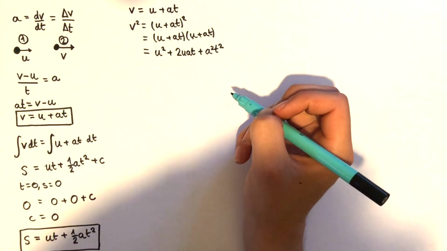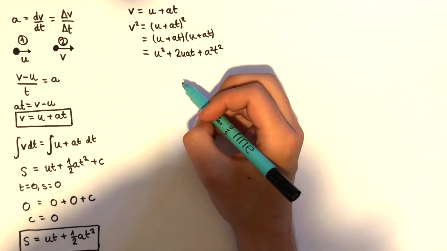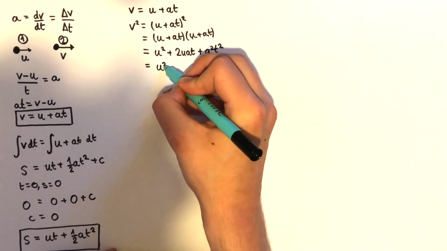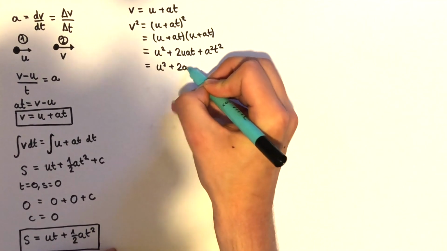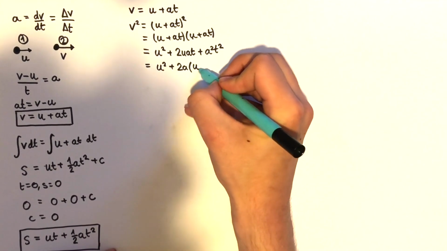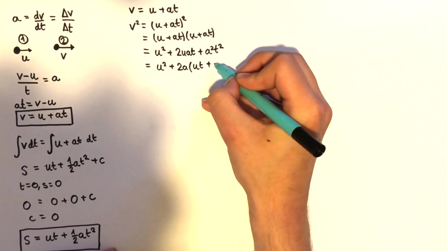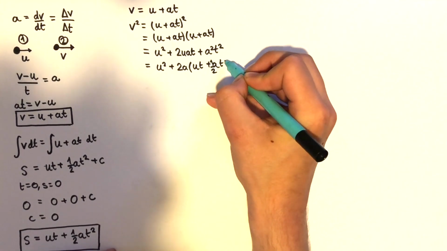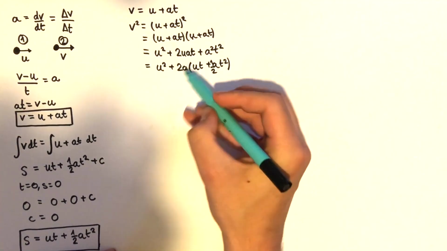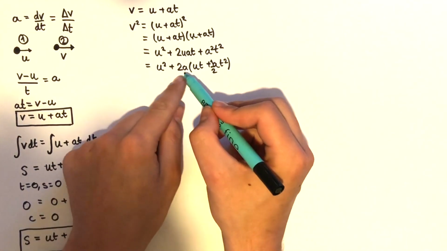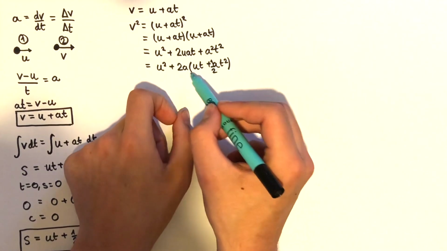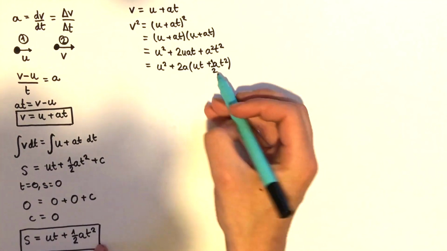Now what I'm going to do is factorize the second two terms by taking out a factor of 2a. So we're going to get u squared plus 2a, and what are we going to get? We're going to get ut plus a half a t squared. So taking out a factor of 2a, if you multiply this out, then you're going to get 2uat plus a squared t squared, because that half is going to cancel with that 2.